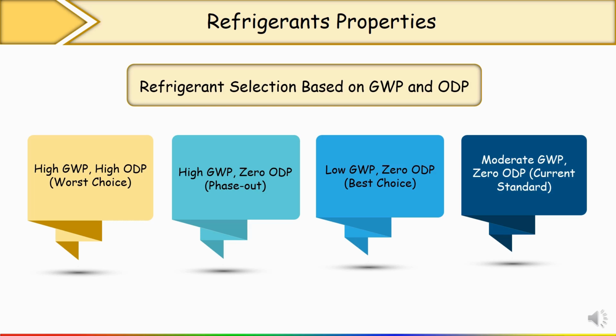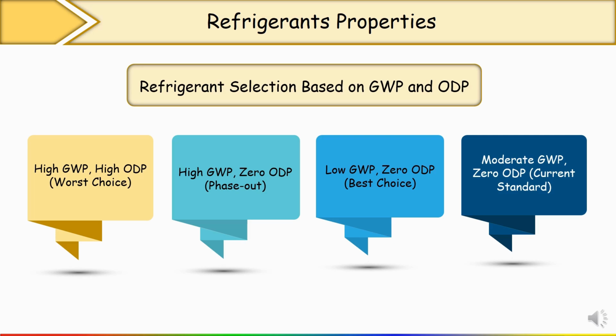This type of refrigerant has become standard in modern HVAC systems due to its favorable balance of efficiency, safety and environmental impact. So remember, selecting the appropriate refrigerant for an HVAC system is crucial for ensuring efficiency, safety and minimal environmental impact.